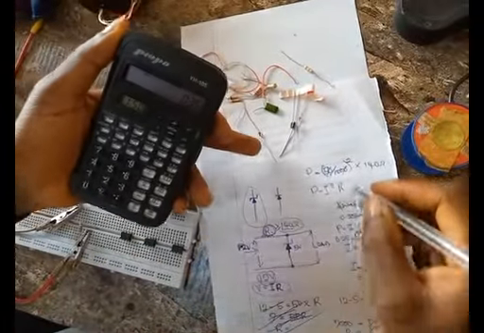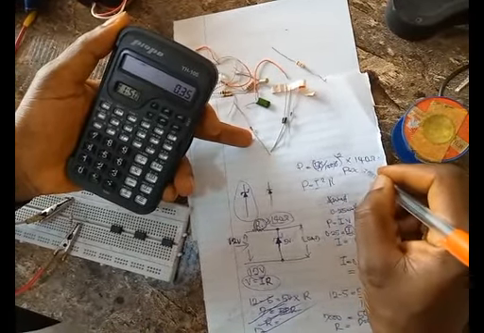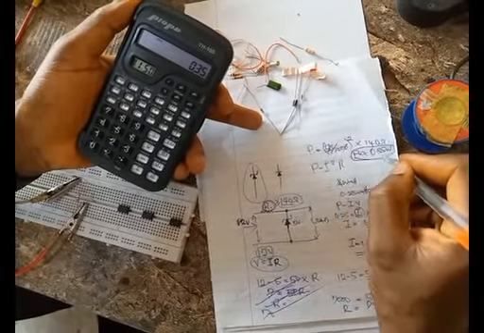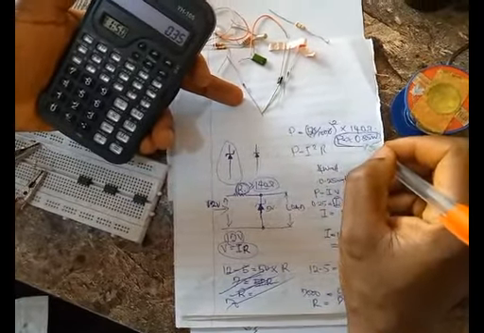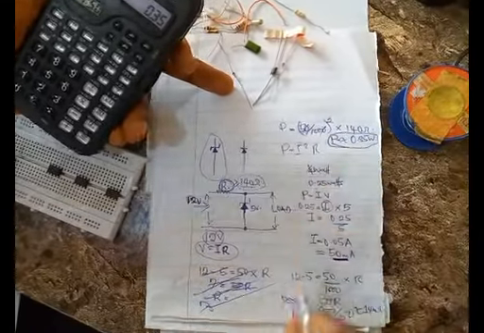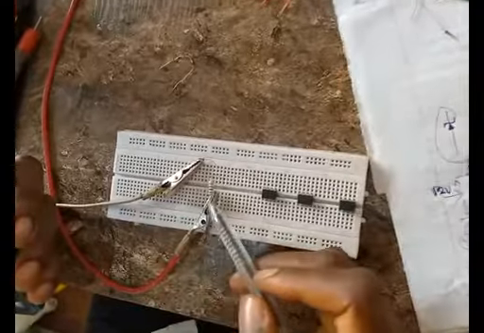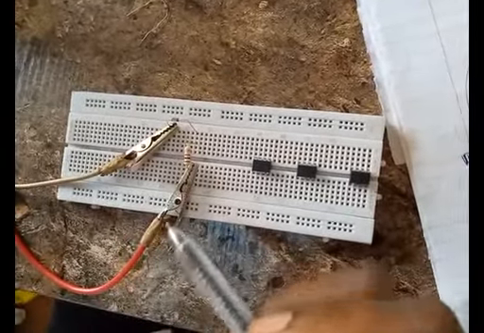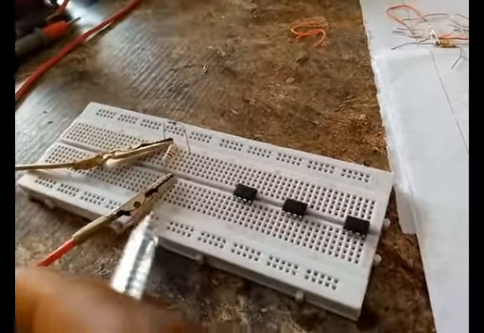So you see that we have our power to be approximately 0.35 watts. Now this is the minimum power rating you should use, which is close to what we used here. This makes sense because as you increase the resistance, the power rating could also be reduced.